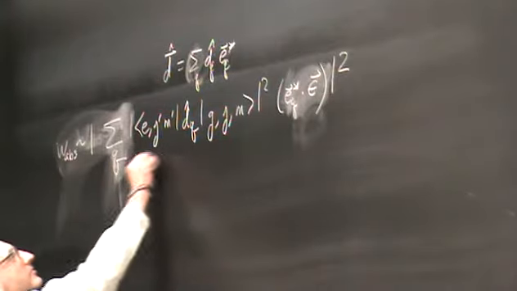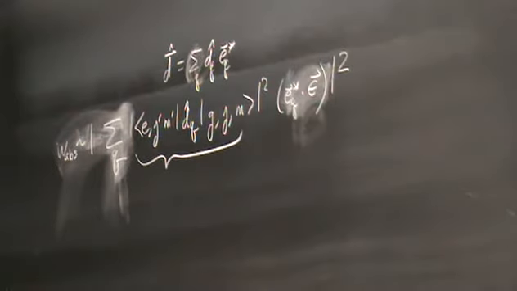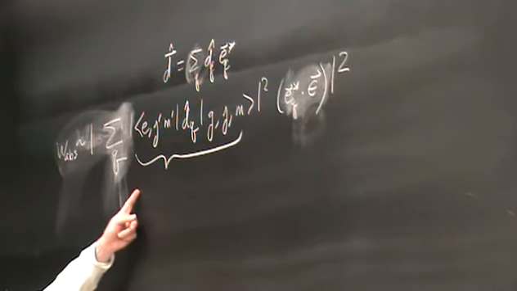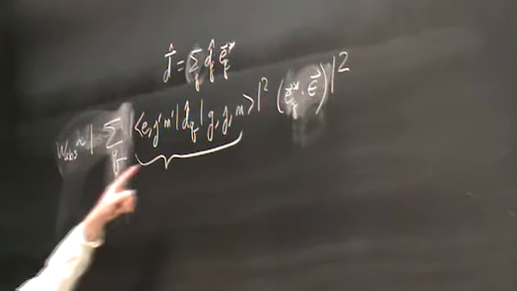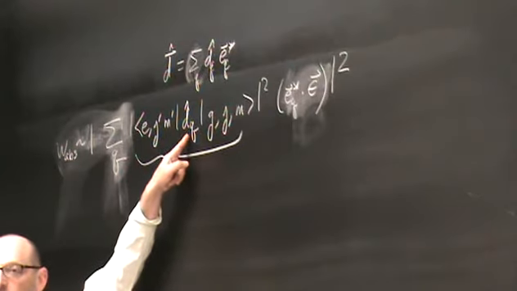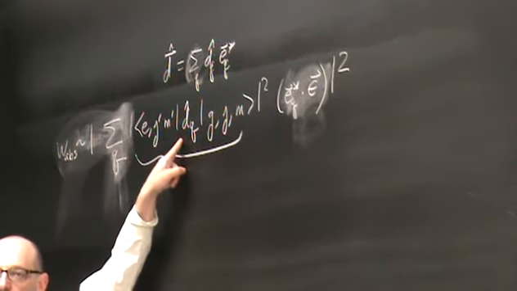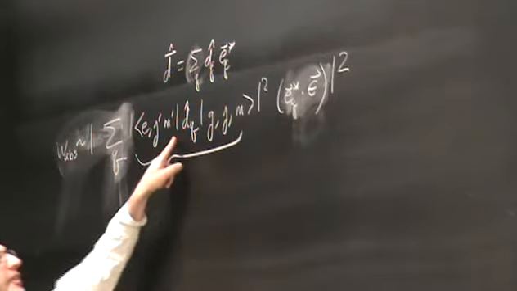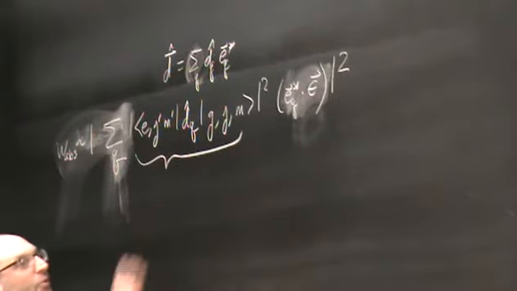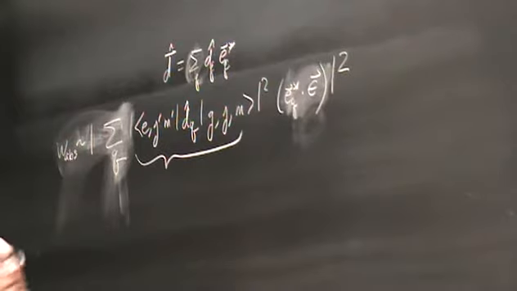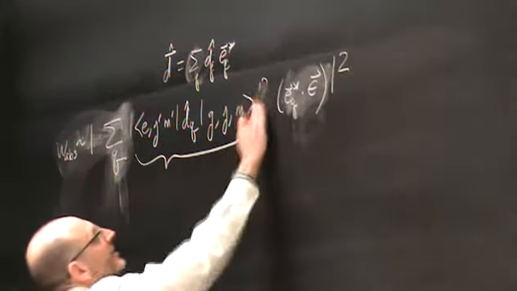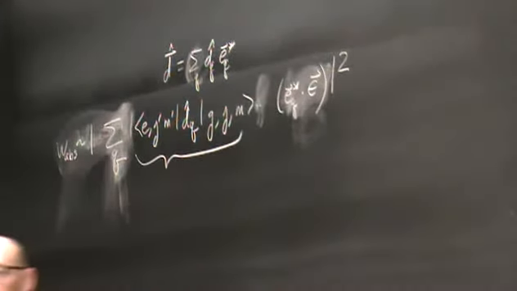Well, we have the Wigner-Eckart theorem. This is a rank 1 irreducible tensor operator. So according to the Wigner-Eckart theorem, this is proportional to a Clebsch-Gordan coefficient. This squared is, I'm sorry, right there.